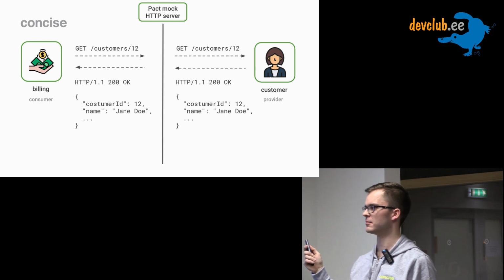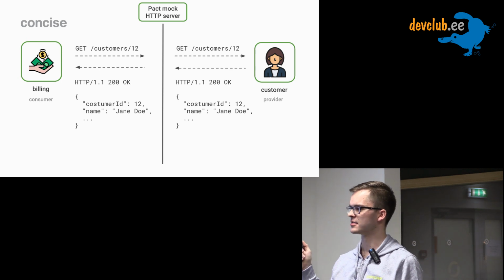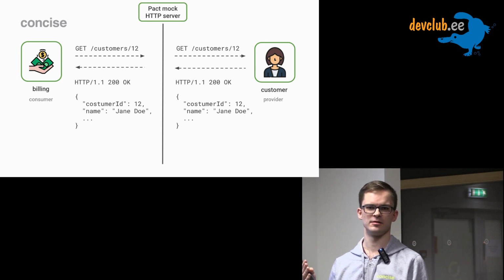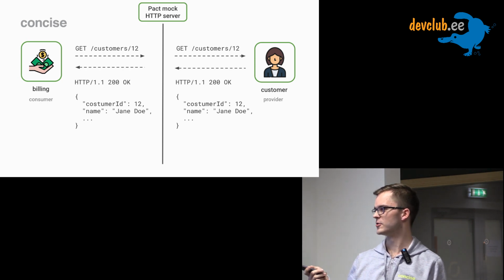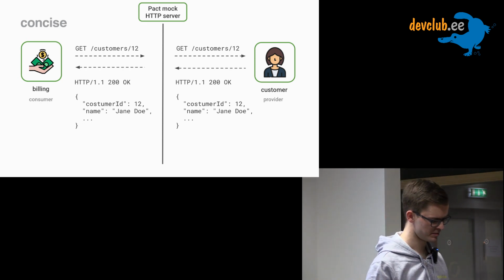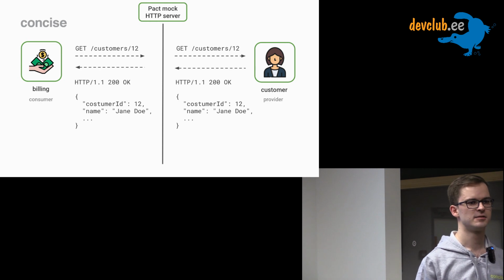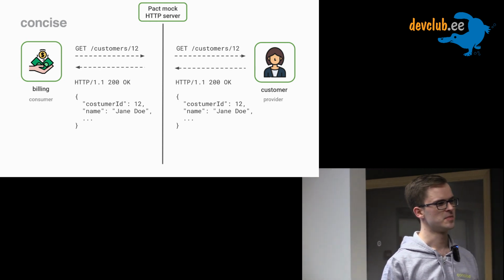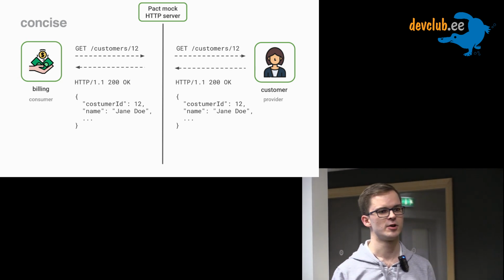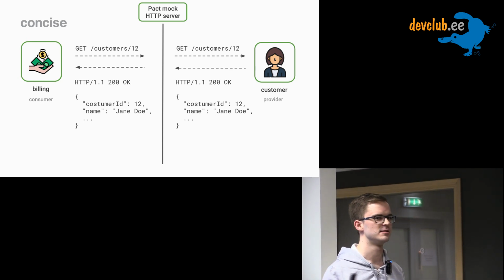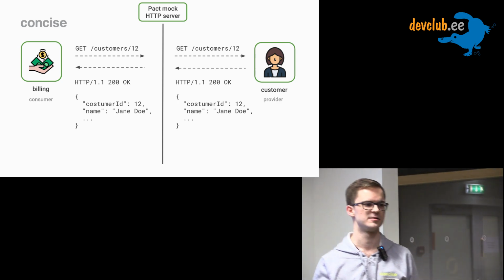Also, Pact adds two new terms into play: consumer and provider. In this case, the billing service is a consumer, meaning that it consumes some API. On the right-hand side, we have the customer service that actually provides that API, hence the name provider.